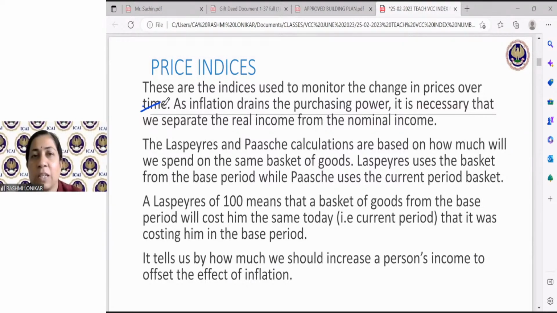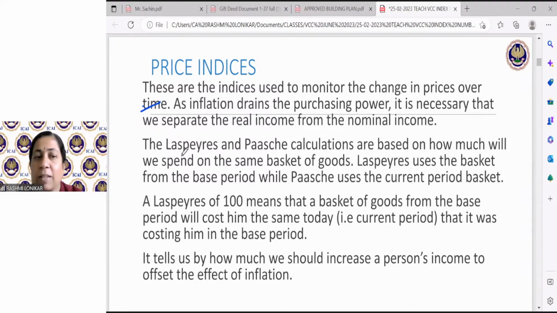Something that was available at a certain cost, because of inflation, the price of that commodity also rises, and with the same amount of money, I'm going to get less of that quantity. For example, if I was able to get 100 gram Cadbury, now maybe with the same amount of money, I can get 80 grams. So as inflation drains the purchasing power, that is the amount that I can buy with the same money, it is necessary that we separate the real income from the nominal income.